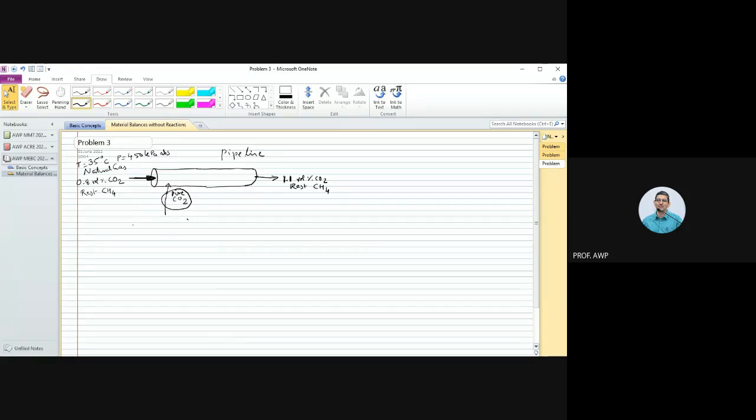Okay, so here is a problem. Let's say the amount of pure carbon dioxide that we have added is, let's say, 2 liters per minute. 2 liters per minute is at 50 degrees centigrade, and let's just take some pressure, 520 kilopascal absolute.